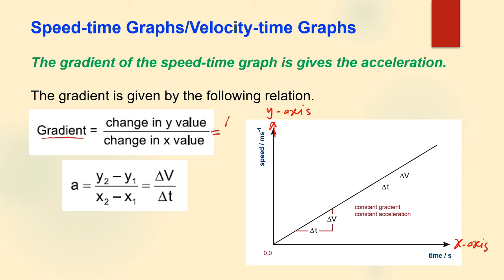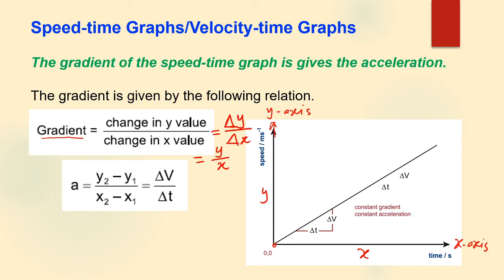That can be written as delta y over delta x. But in case when the graph is passing through the origin, we can also write the gradient of the graph as y divided by x. So the vertical distance we can take as y, and the horizontal distance can be taken as x.